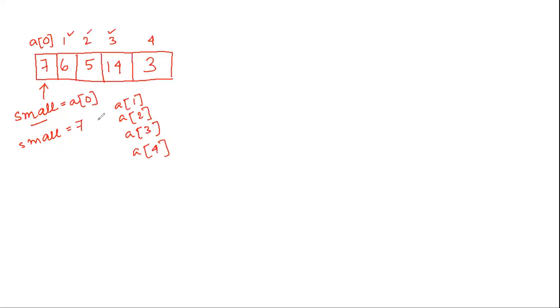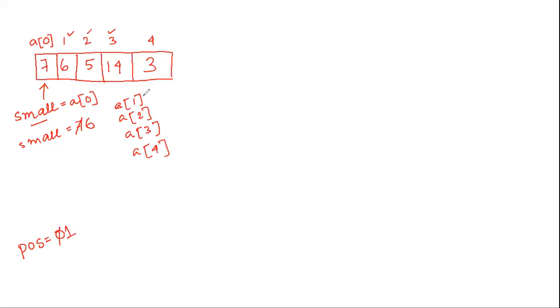No. So 6 is smaller, so I will update the value to 6. And another variable is there which is marking the position, and the position I started from is 0. When I did an interchange, what is this position? It will be 1. Fine.